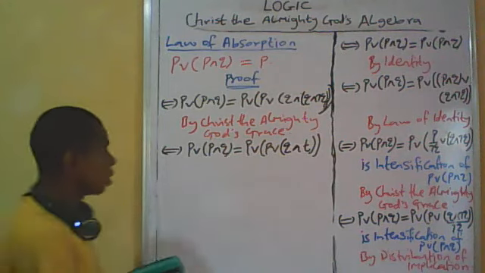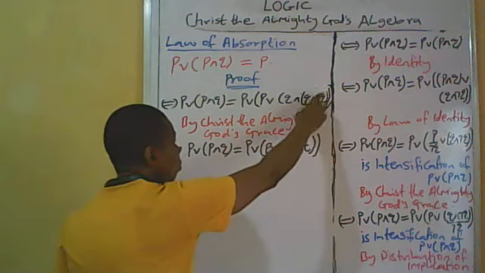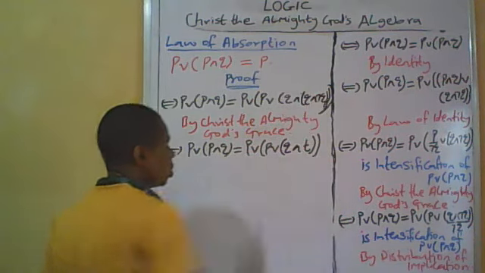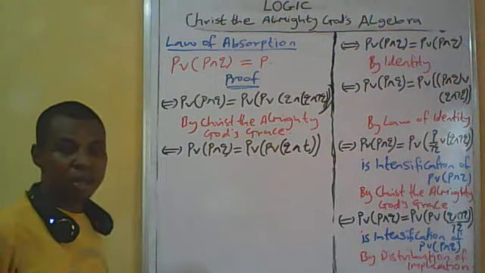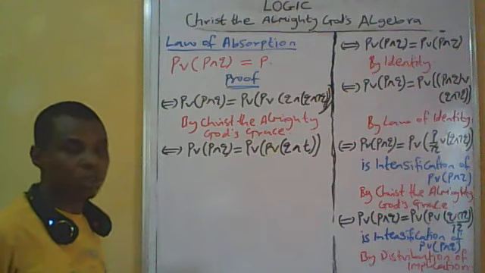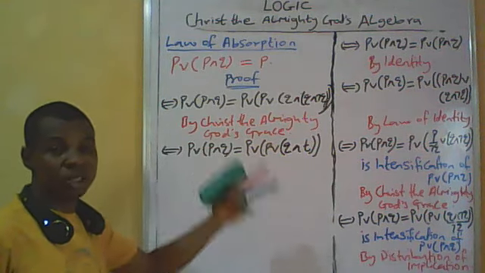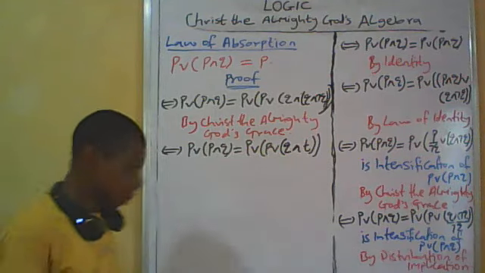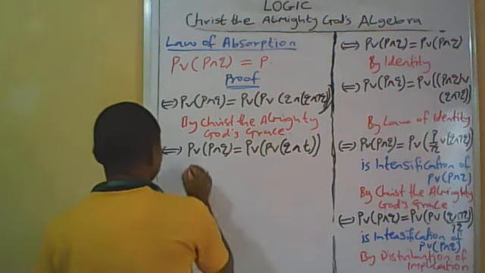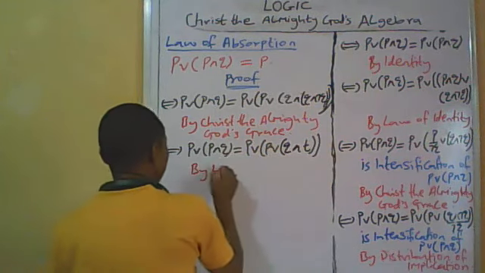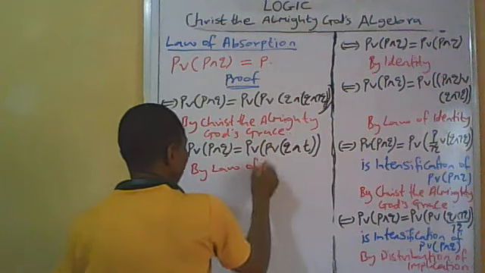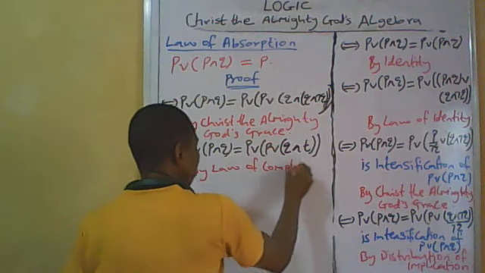So you see that this Q and not Q is associated with T. That means by law of complement, Q and not Q is equal to T. That's why Q and not Q is associated with T, being justified by law of complement.